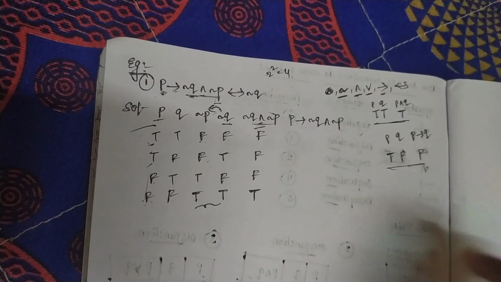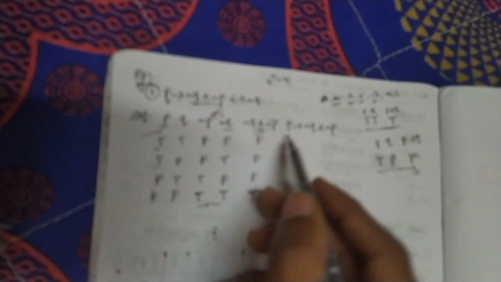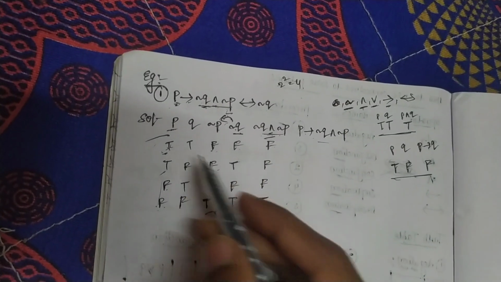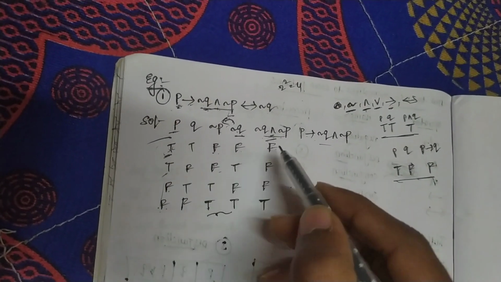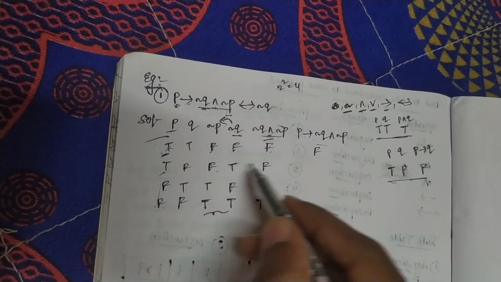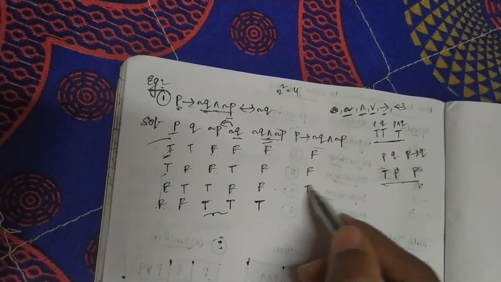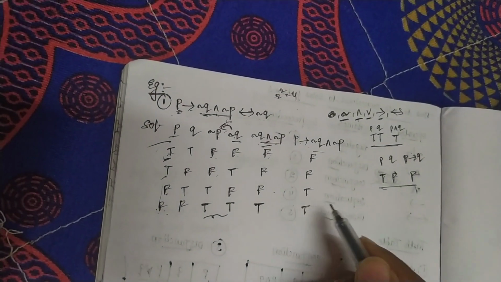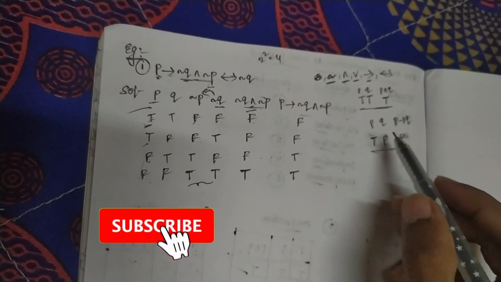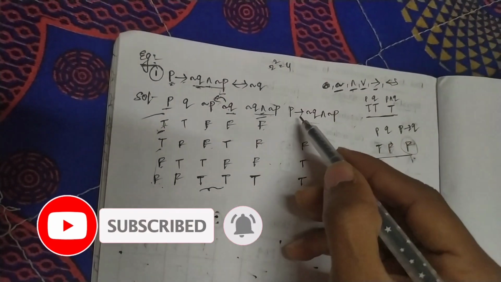This is the main thing we have to remember. According to this, we write the values by comparing P and negation Q and negation P. Here P is true, and here is false, so we get false. Here is true and false, so false. False implies true means true, and false implies false also true. In implication, if P is true and Q is false, then the whole statement is false; all the remaining are true. So this is completed.